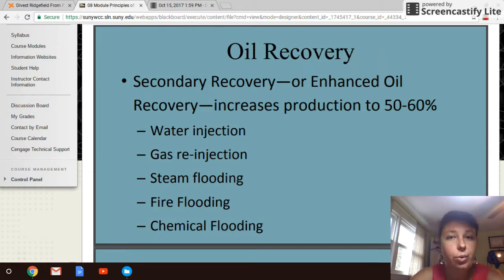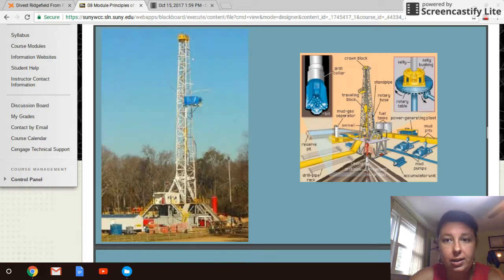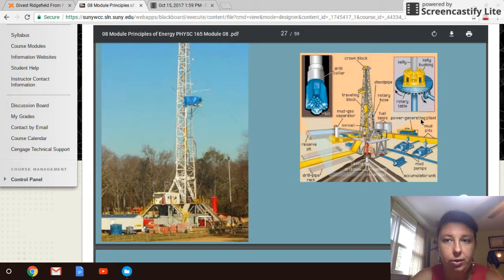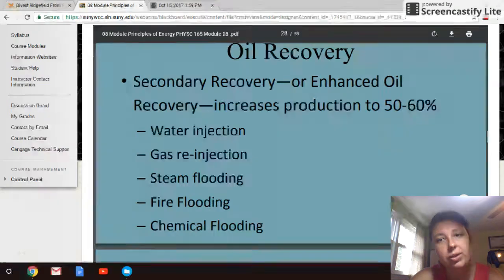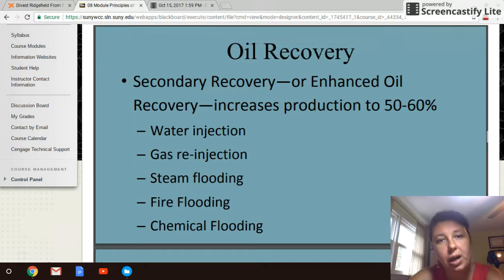As far as oil recovery, there is the first level of oil recovery. So this is our first level, oil recovery. And then there's secondary levels of oil recovery. If it's worth it, which nowadays it is because oil prices are so high, it makes sense to do secondary.